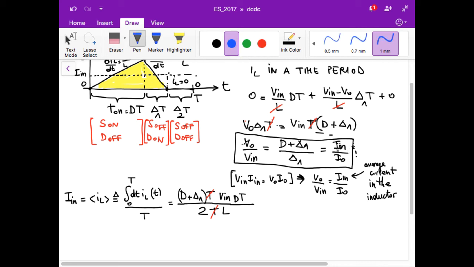Now we can use this expression to obtain IO. So from here I can obtain IO, which, if I use this expression, is equal to delta 1 over (D plus delta 1) times I in. Okay, so simply I can use this expression and substitute here, and you should see that I'm able to simplify almost everything. I have V in over 2L times T.